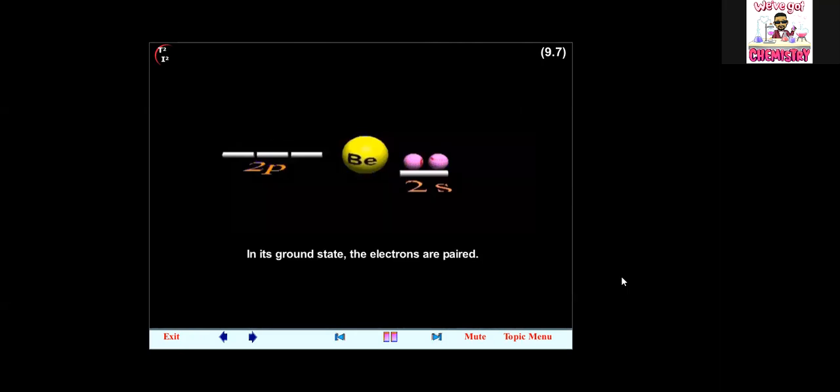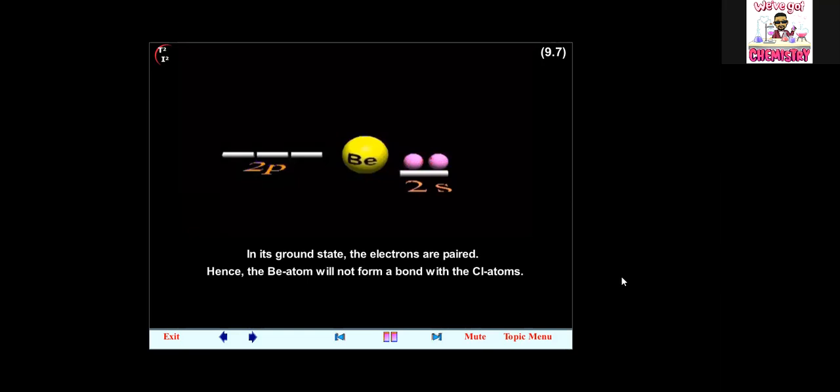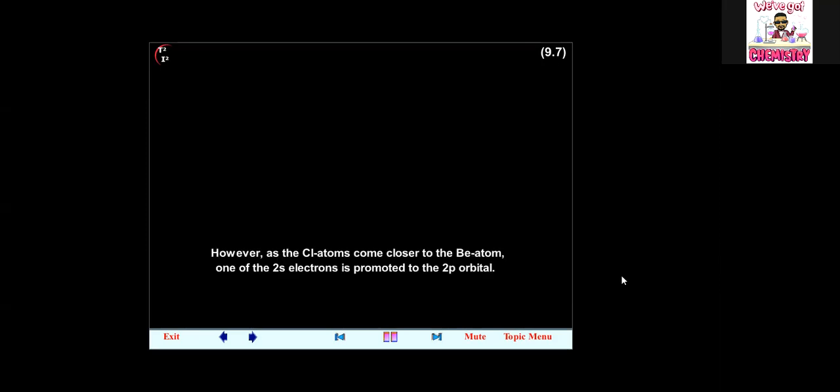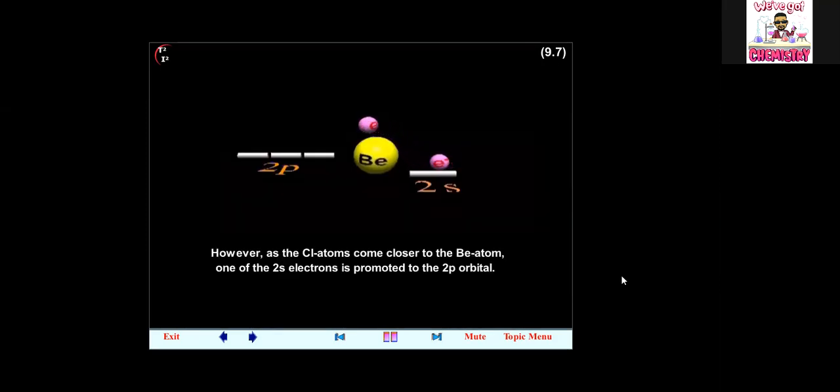In its ground state, the electrons are paired. Hence, the beryllium atom will not form a bond with the chlorine atoms. However, as the chlorine atoms come closer to the beryllium atom, one of the 2s electrons is promoted to the 2p orbital.